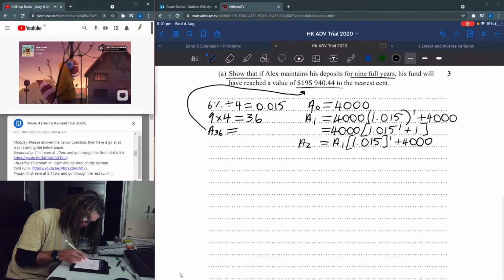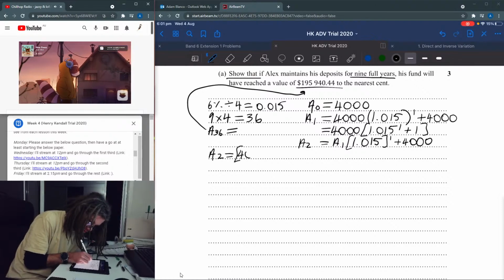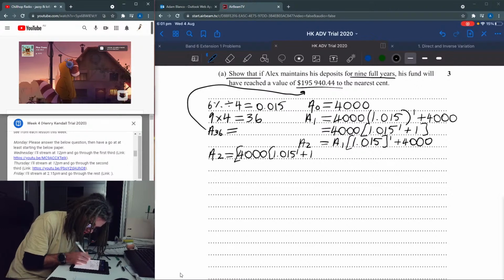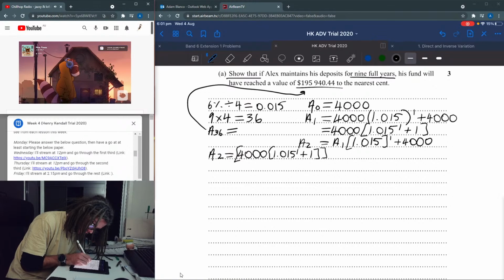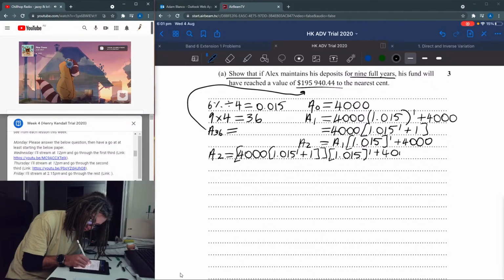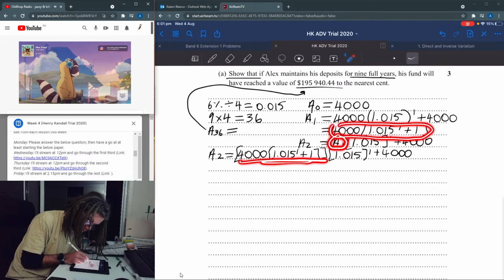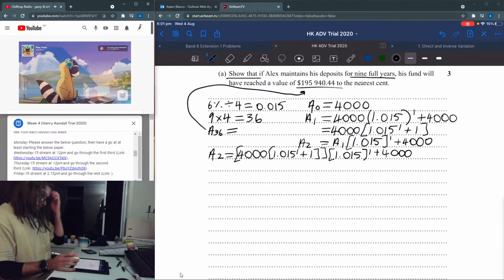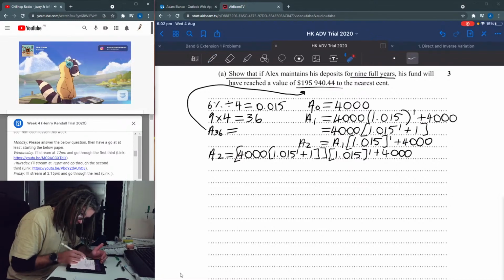Okay, I'm going to need some space for this. So A2 equals, A1 was, let's use huge brackets, 1.015 plus 1. And then it compounds, 1.015. And then he adds $4,000. Okay, let's expand. So this is the same as every question.